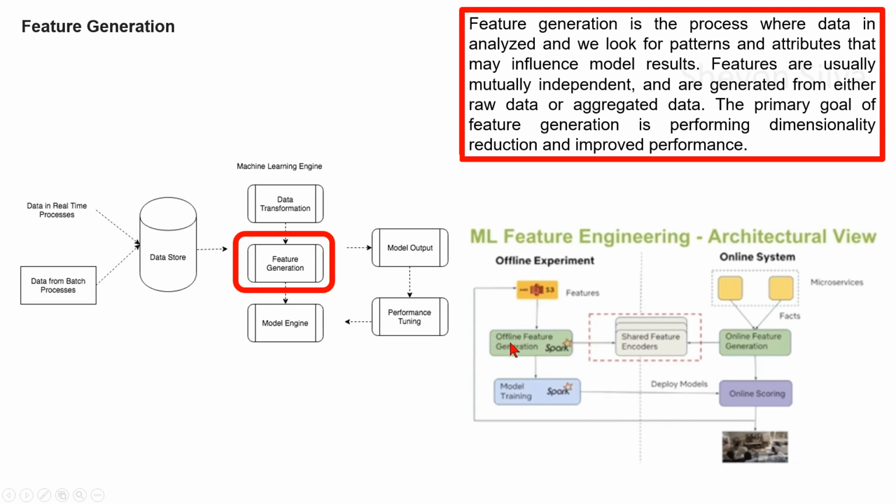Then it will go to offline feature generation. Then it can move to shared feature encoders and also can move to model training, and it will go to online scoring again with deployment models. Then it comes out here.